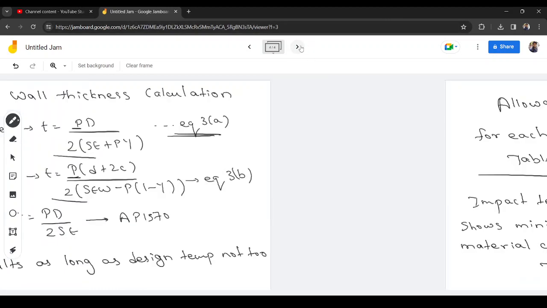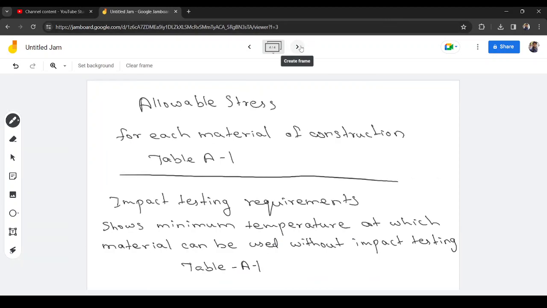Finally, stress requirements. The stress requirements for the given material, or for the piping systems, for the material that you are using in the piping system, are also going to be given in ASME B31.3. That is the original construction code. So the allowable stress for each material of construction is given in table A1 of ASME B31.3, as well as brittle fracture or impact testing requirements.